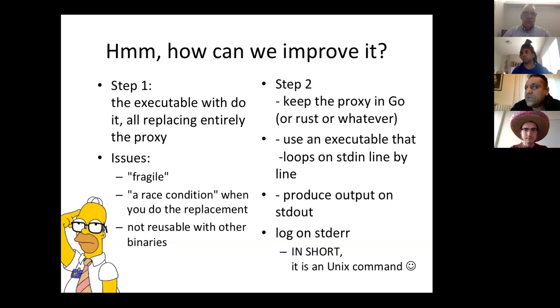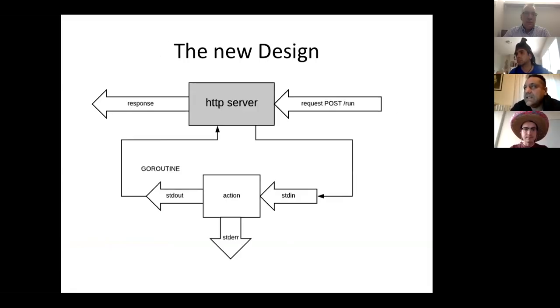So the obvious way was to keep a fixed proxy and then run the actions like an executable that is running continuously, reading input, writing output, and producing log on standard error. Basically to act like a standard Unix utility. So this is the simple architecture.